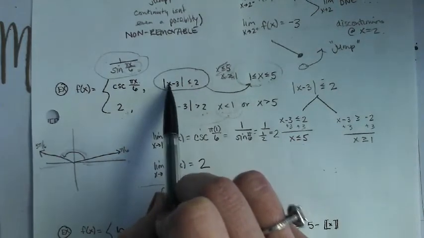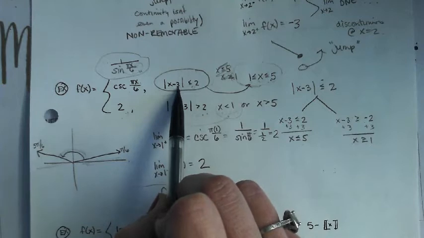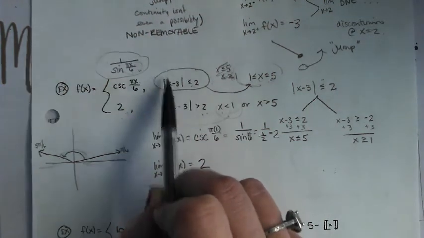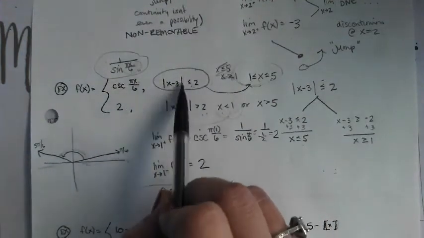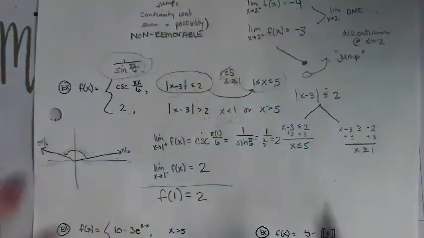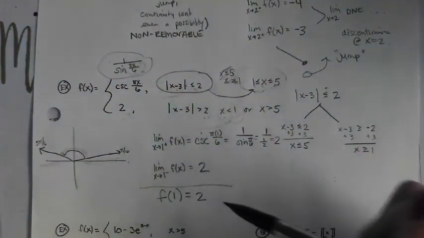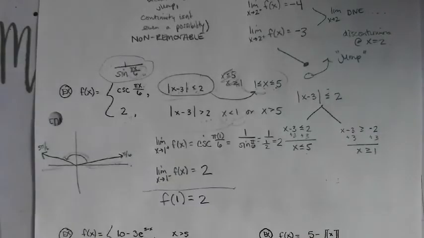Because when you plug in 1 minus 3, 1 minus 3 is negative 2. Absolute value of that is 2. 2 is less than or equal to 2. So when x is 1, we're using the first equation. And we already plugged that in, and it had a value of 2. So the limit exists as we approach 1, and the function value exists, and they're all the same, so it's continuous at 1.